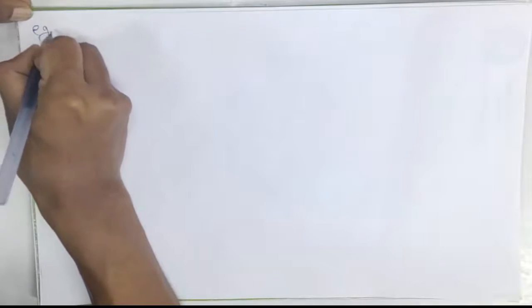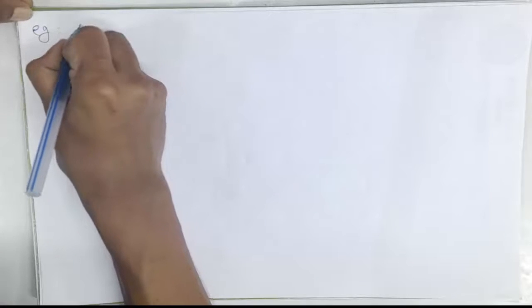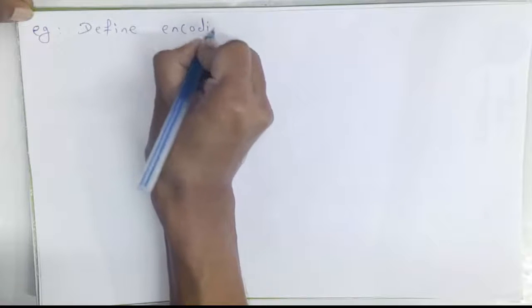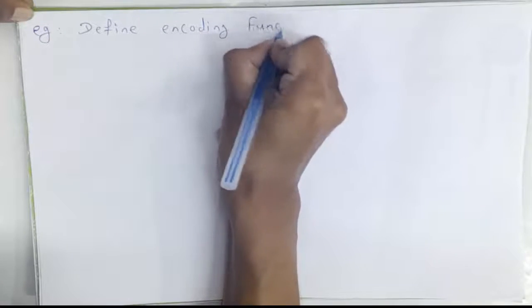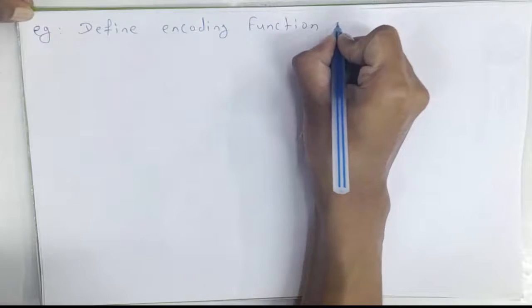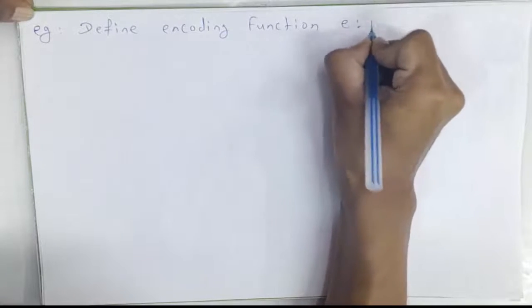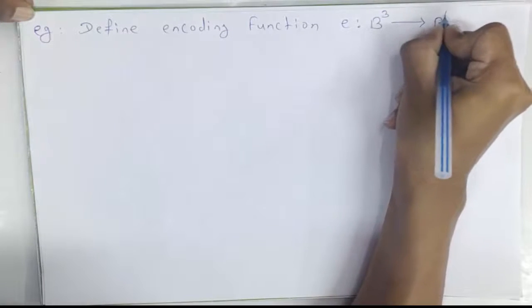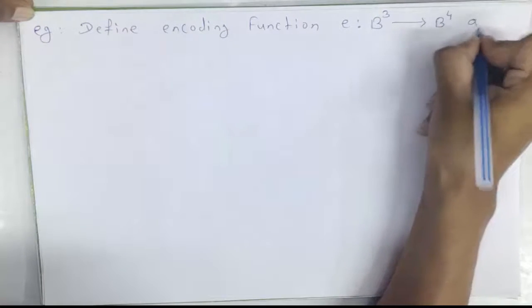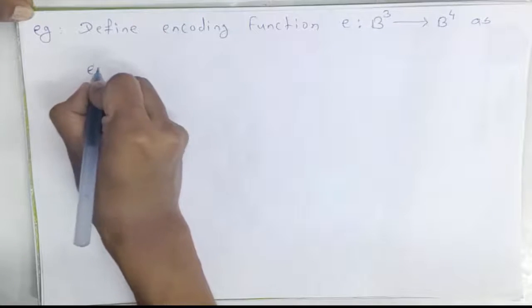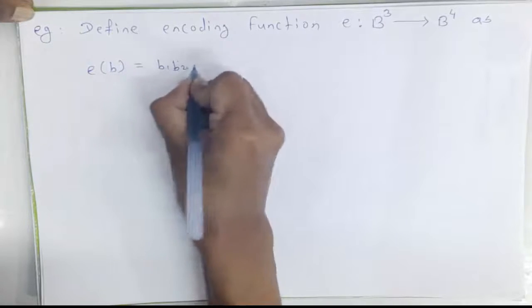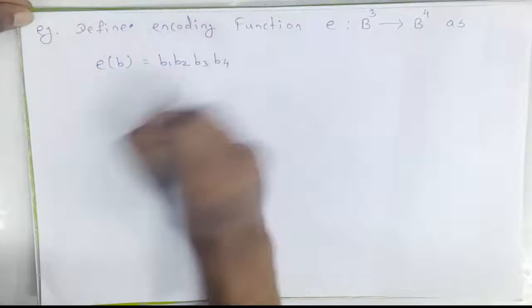Example. Define the encoding function e from B raised to 3 to B raised to 4 as e of b equals b1, b2, b3 and b4.